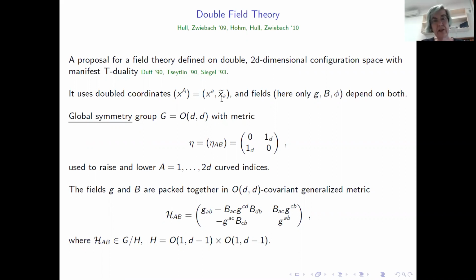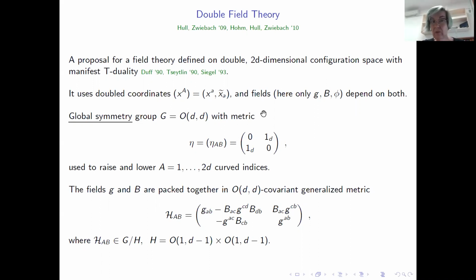In double field theory, in the simplest setting, the field content of the theory is the common bosonic part, the Neveu-Schwarz part of the string fields, here being only the metric, B field, and dilaton. In general, they depend on the double coordinates.